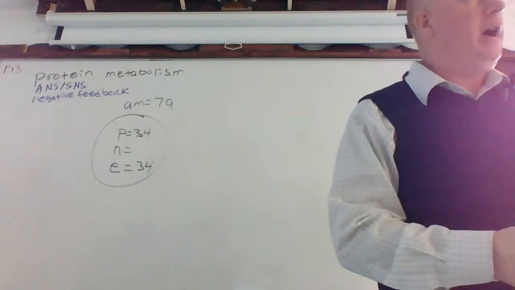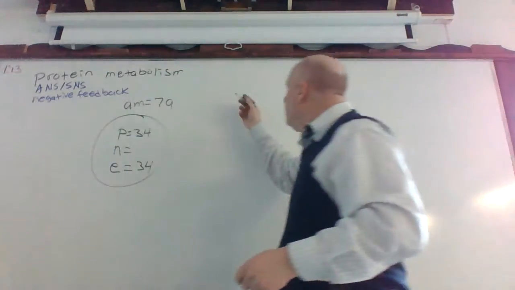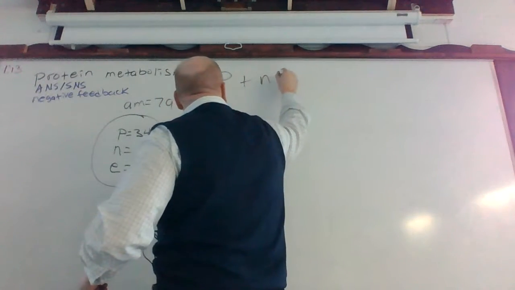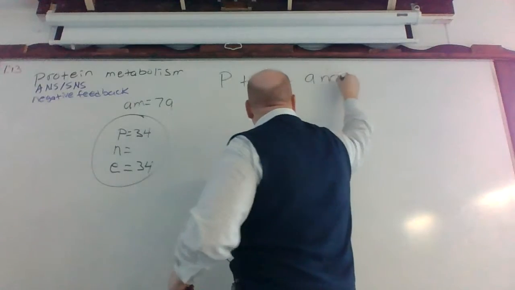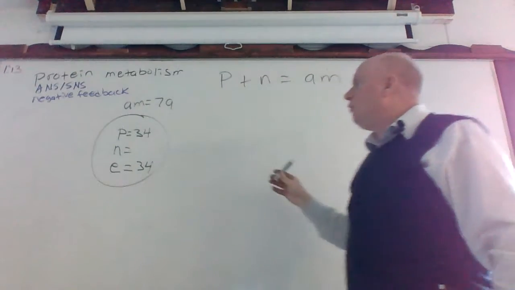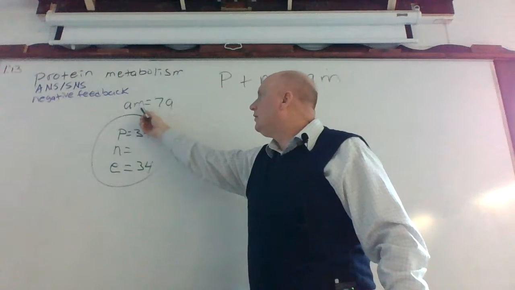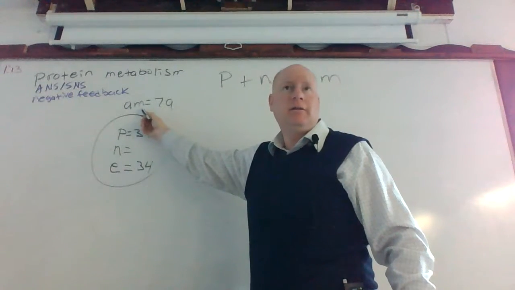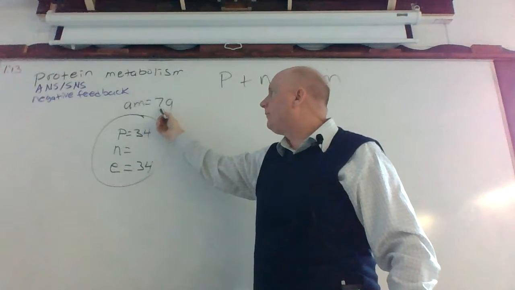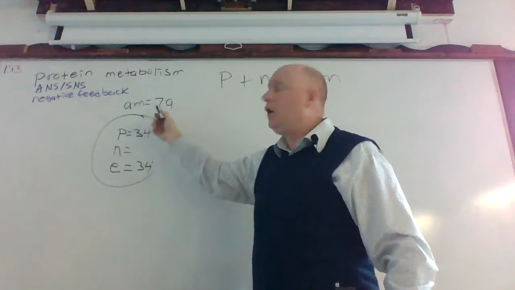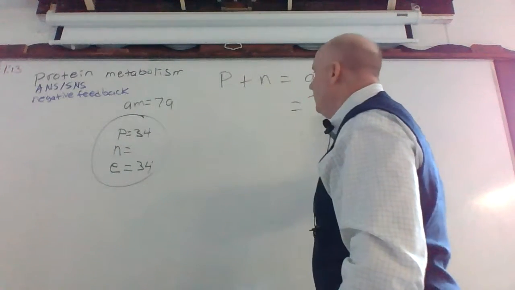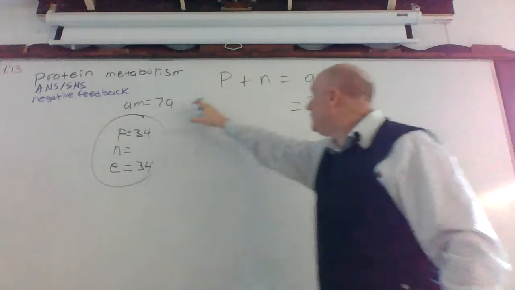So, why is this important? Well, the number of protons plus the number of neutrons equals the atomic mass. So, in this case, when we look at selenium's atomic mass, we said we're going to round that up to 79. So we've got 79 over here because that's the atomic mass.